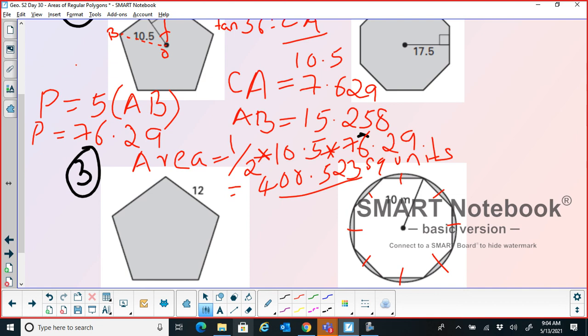They have given the radius as 10 meters, but I don't have the apothem, nor do I have the measure of each of these sides. I can find that once I know the central angle. We have 8 sides, so we can divide 360 by 8 to get the central angle as 45 degrees. So the central angle here is 45 degrees.